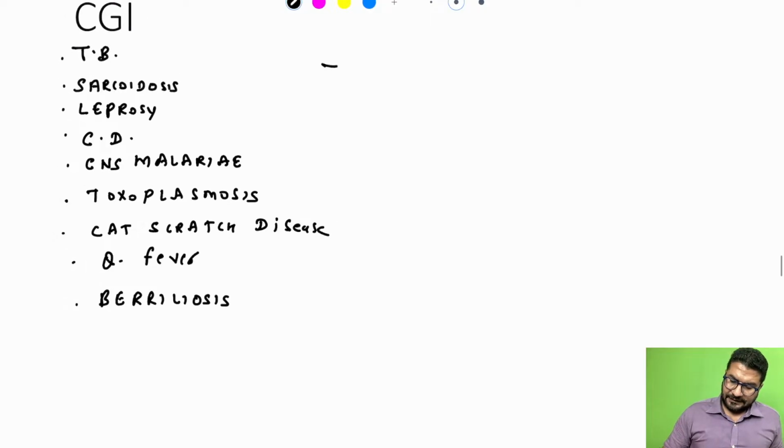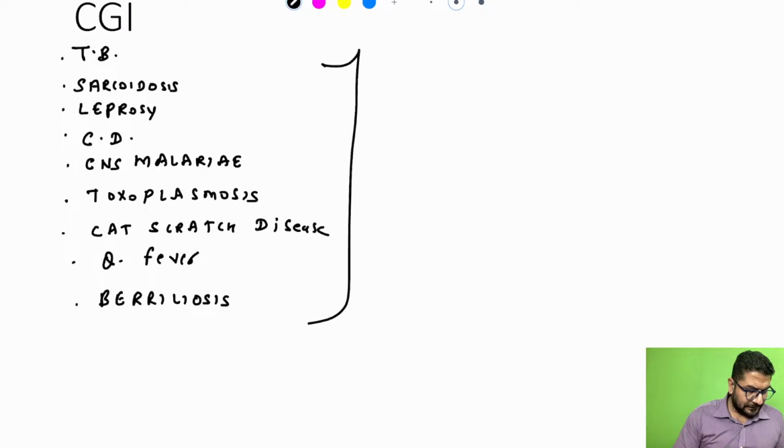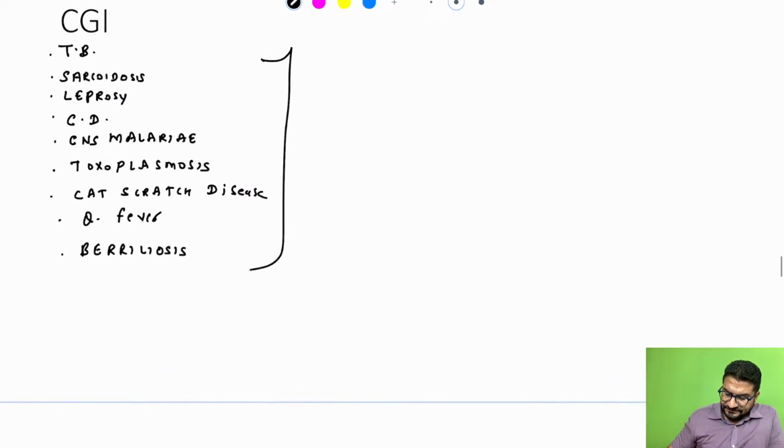So these are examples of granulomatous inflammation. Done. So these are those inflammations where we have formation of granuloma.